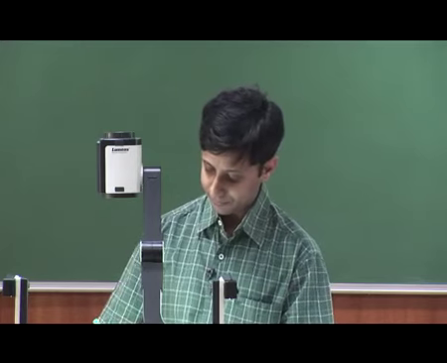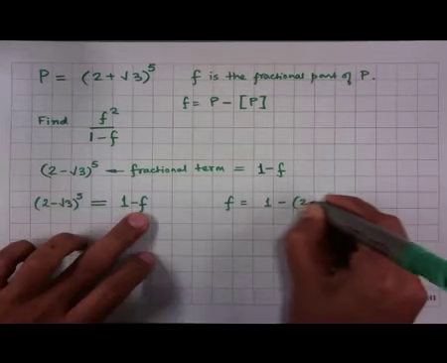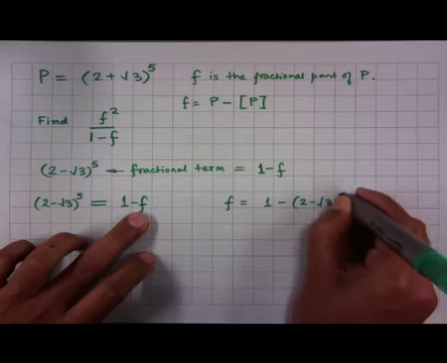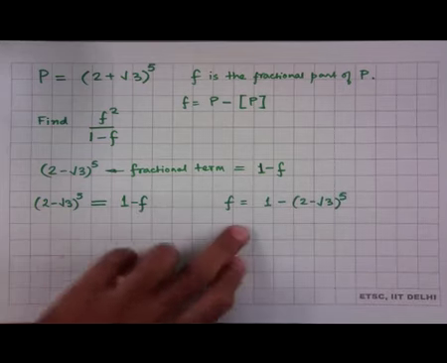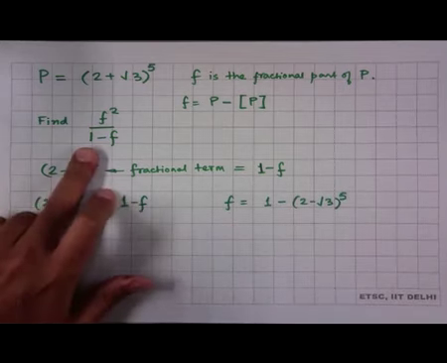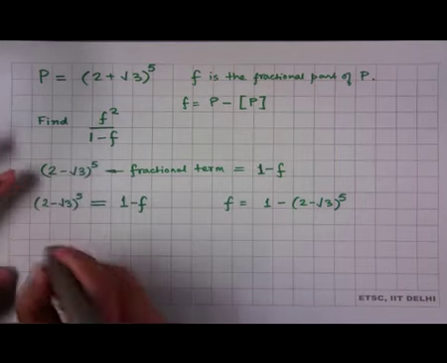So, then what is f? Okay. And then you have to find f squared by 1 minus f.